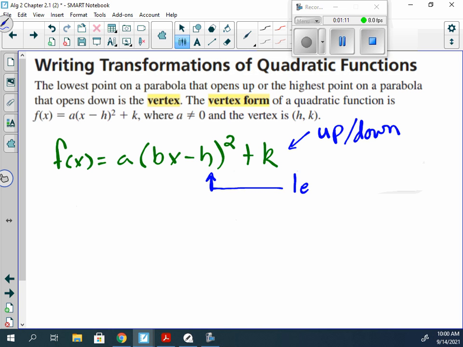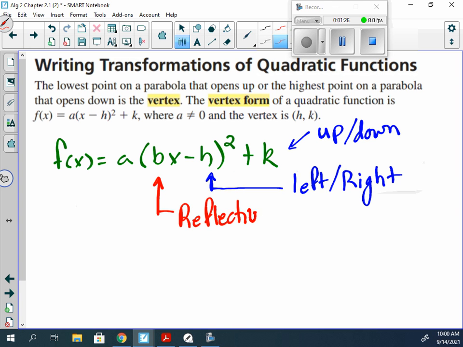As we saw the other day, k is our up or down. h is the left or right. b has a few features. It is a reflection across the y-axis. I'm just going to write y-axis, but it is a reflection across the y-axis.